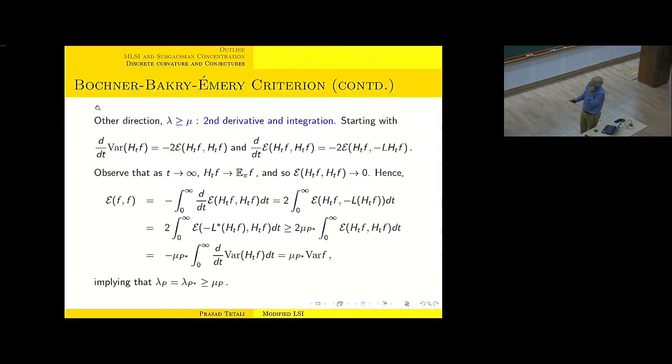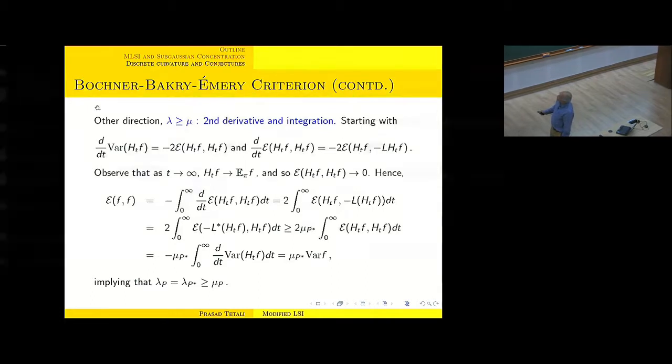We know this H_t f, or f_t, goes to the average of f as t goes to infinity, and so the Dirichlet form is 0. As I said, just write the Dirichlet form, because this is the time derivative of that, by definition. And here I tried to be careful and not use reversibility.